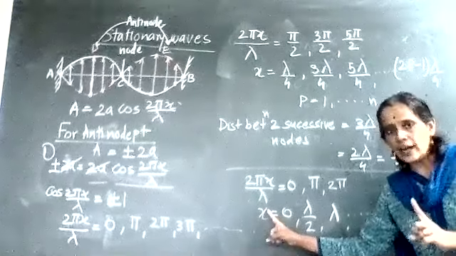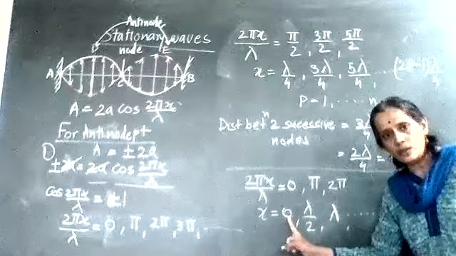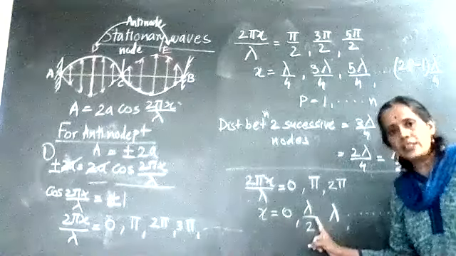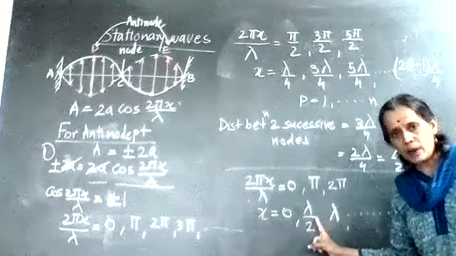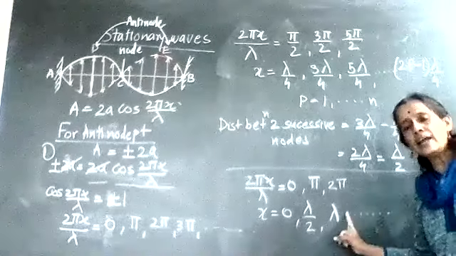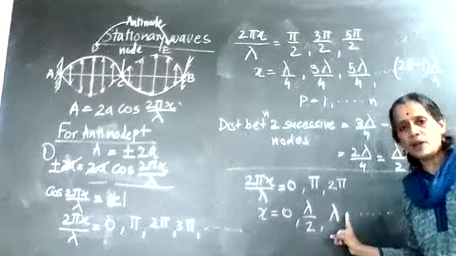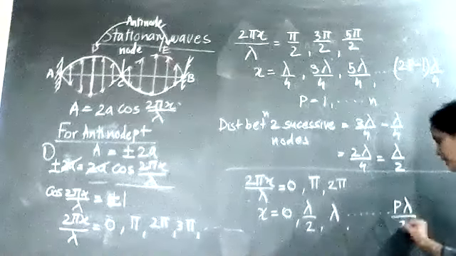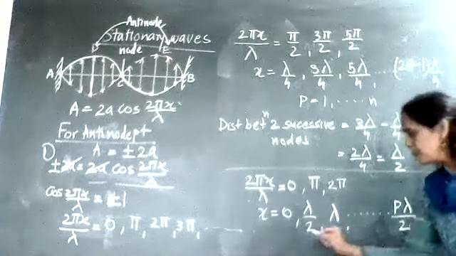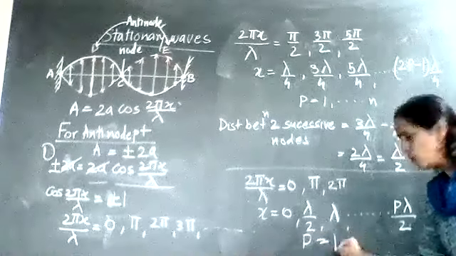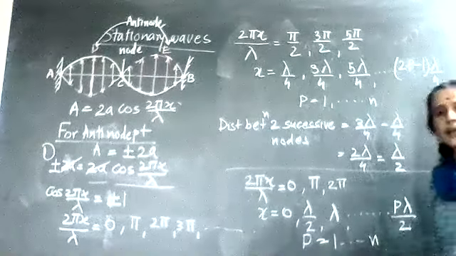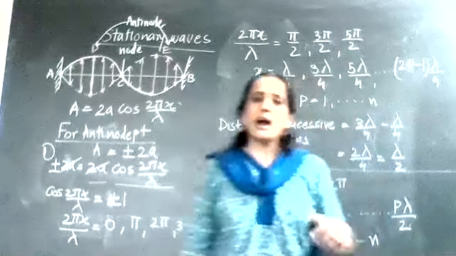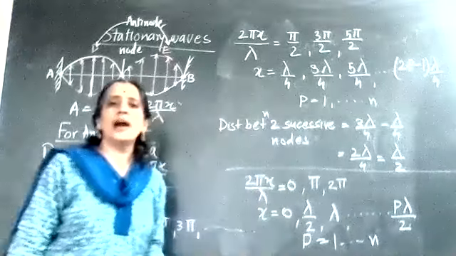I will get the first antinode when the displacement is 0, the second antinode when the displacement is lambda by 2, the third antinode when the distance is lambda. So in the generalized formula, I can write p lambda by 2, where the p value goes from 1 to n, and at that distance I will get the locations of the antinodes.